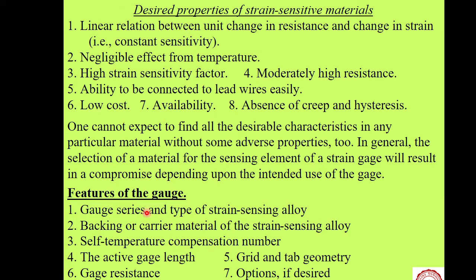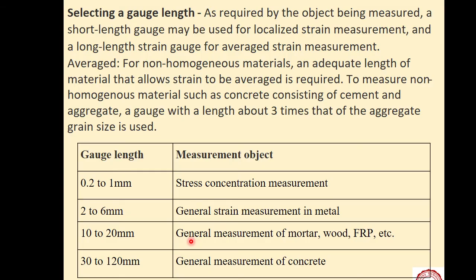So this is the user of the strain gauge who has to select a particular strain gauge. Based on which parameters? These are the parameters on which the user makes his or her decision. This is clear.